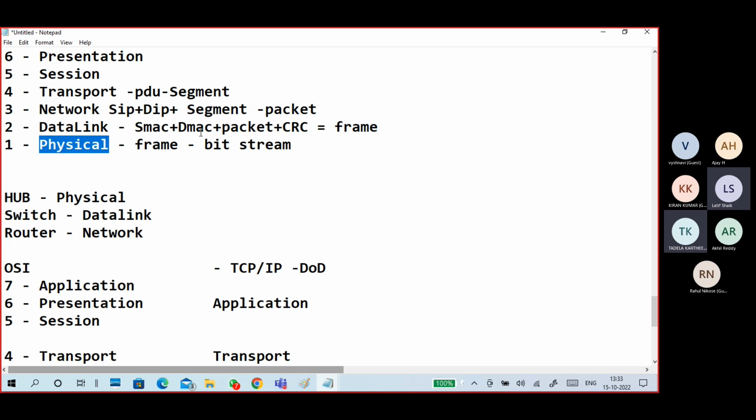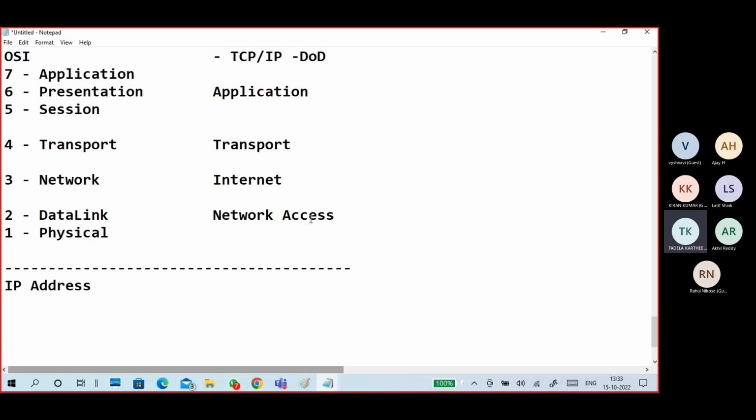And the NIC has a MAC address, which means data link layer. So layer 1 or layer 2? No, it belongs to the network access layer, because the NIC is physical connectivity as well as having a MAC address. That's why it is put here.